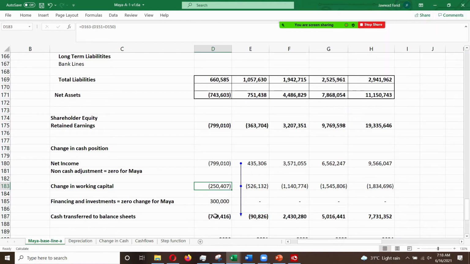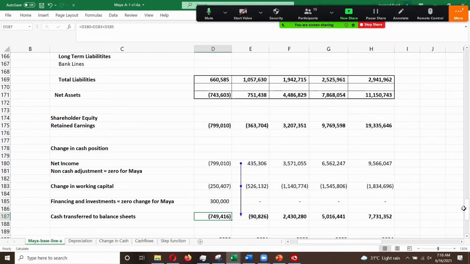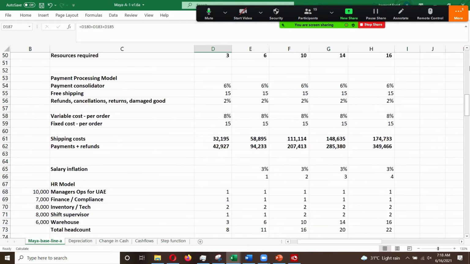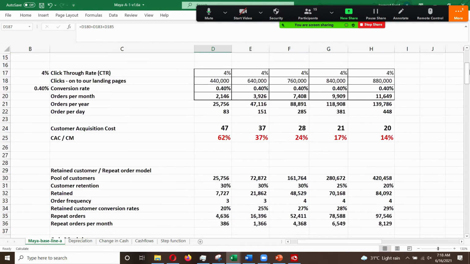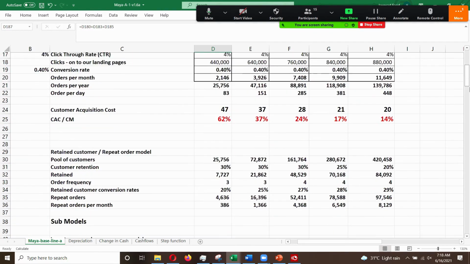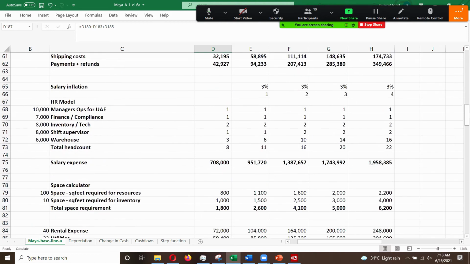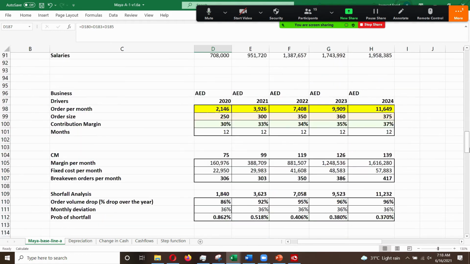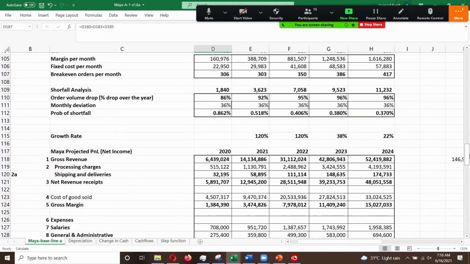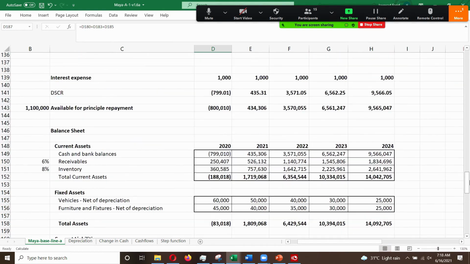The mistake is that you have to first link this. So go back and link this to your cash transfer to next year. Where's your cash? This is your cash. There's the balance sheet.